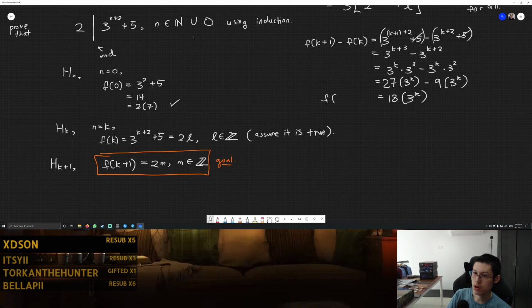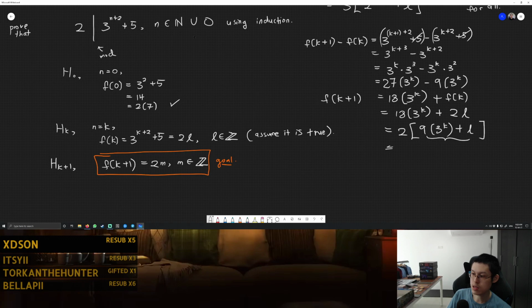Okay, and then now we're going to move the f(k) over to this side. And assuming that f(k) is divisible by 2, we are going to have 2 times l here, which means we can factorize the 2 out, and then we have 9 times 3 to the k plus l. So all of this is just some integer, so we can actually write it as 2m.